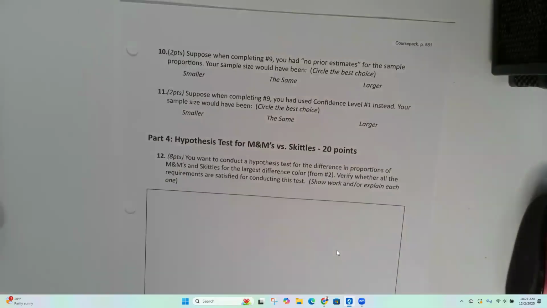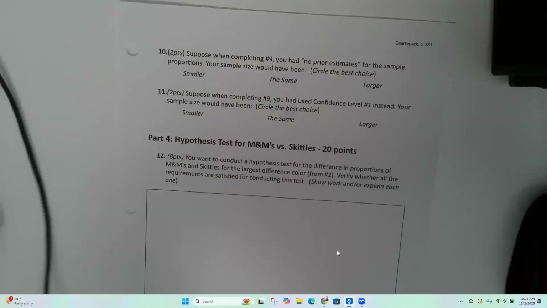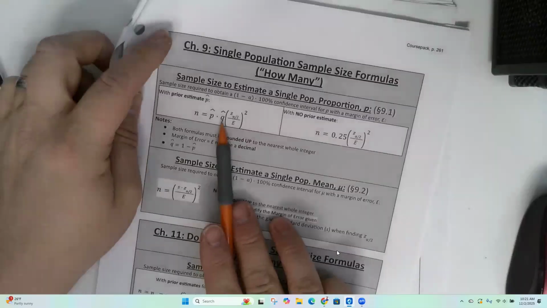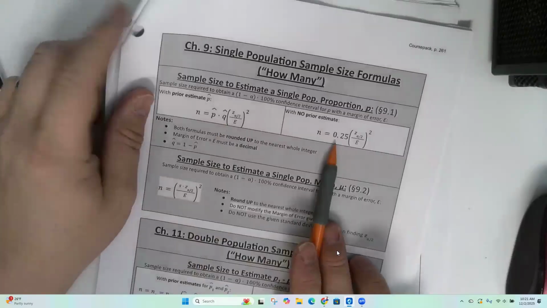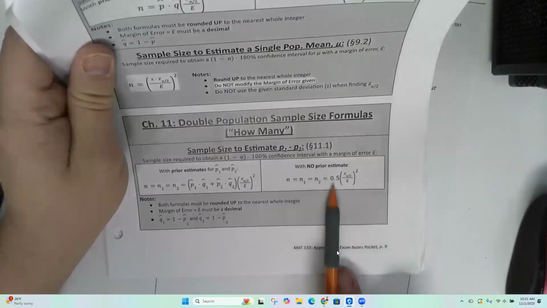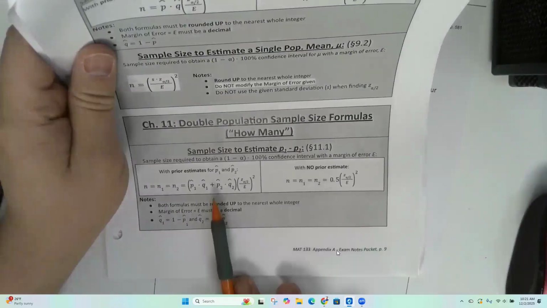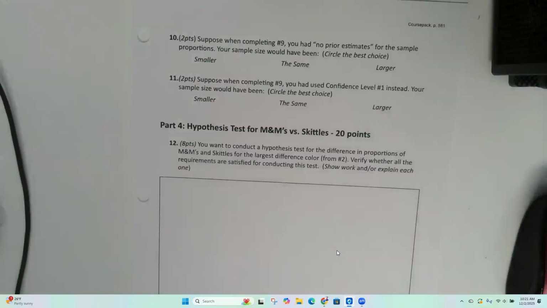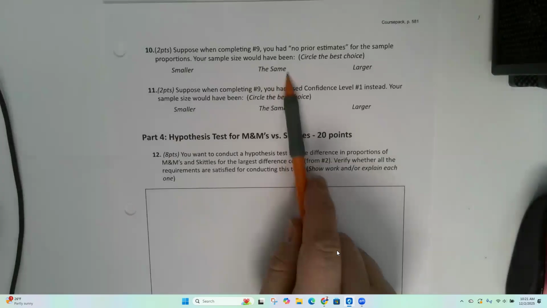When you use the formula on page 261, there's this one if you have a prior estimate, and this one if you have no prior estimate. Does one of these give you a different sample size, or could they be the same? Are they the same?